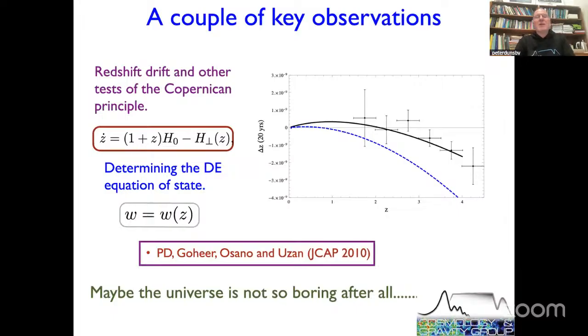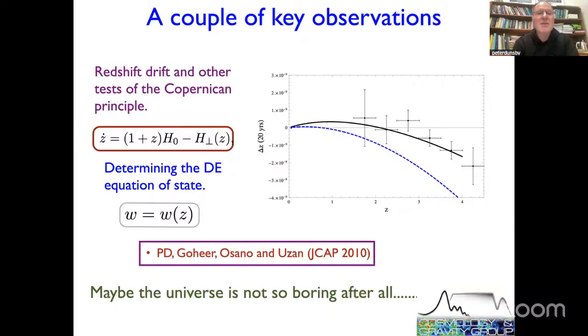So from my point of view, the two really important observations going forward are, first of all, trying to pin down whether or not the Robertson-Walker metric is a good description of the large-scale geometry of the universe, the so-called cosmological principle or Copernican principle.